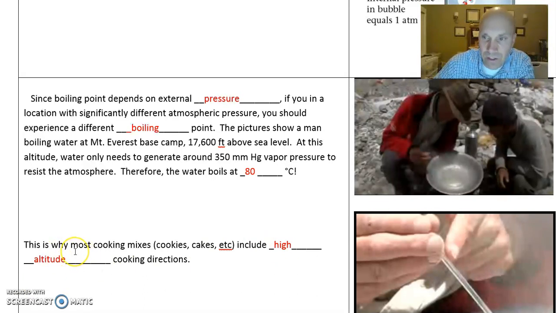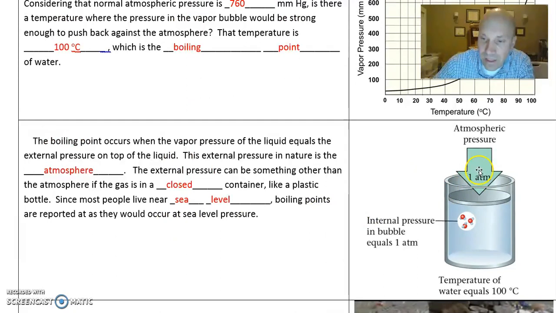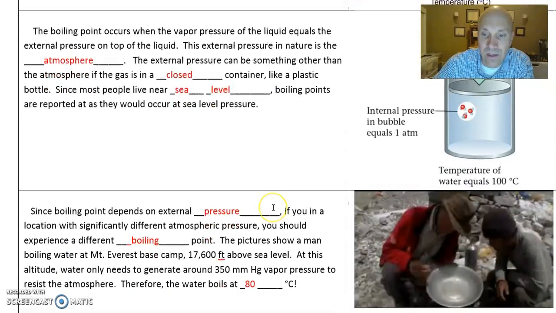Those directions compensate for the fact that if you are baking at a high altitude, it's going to affect the way water boils in the material that you're cooking, and that's going to affect cook times.